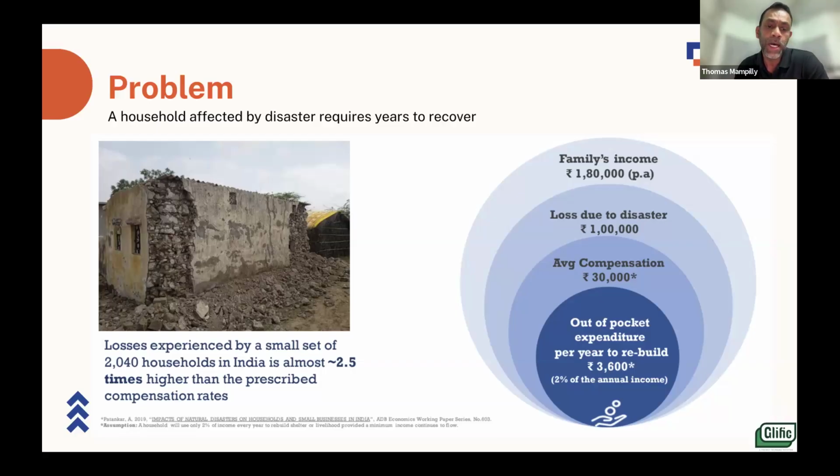So in one study, they found that the compensation that a household gets is actually only around 30% of what they actually require. And this is due to a number of reasons. It's not like compensation is not meeting the requirements. A lot of it is due to the following reasons, right? If we can move to the next slide.